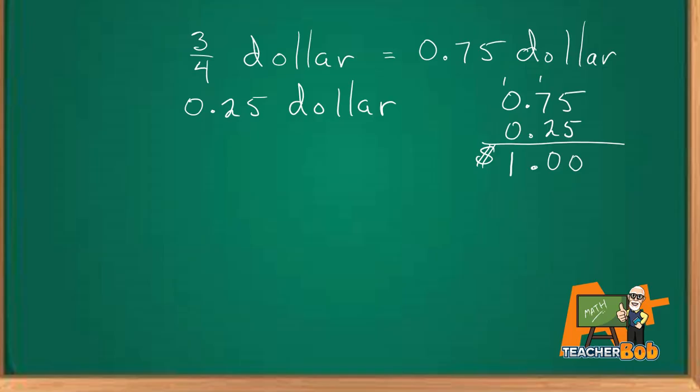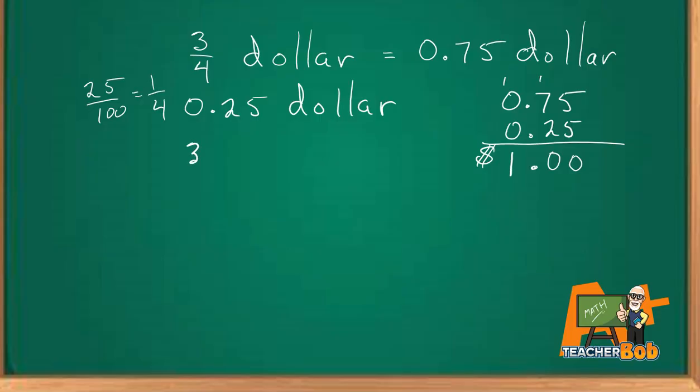Just to show you how to do this with fractions, we could add these as fractions. We have 3/4 of a dollar, and the decimal 0.25 is equal to 25 out of 100, which is also equal to 1/4.